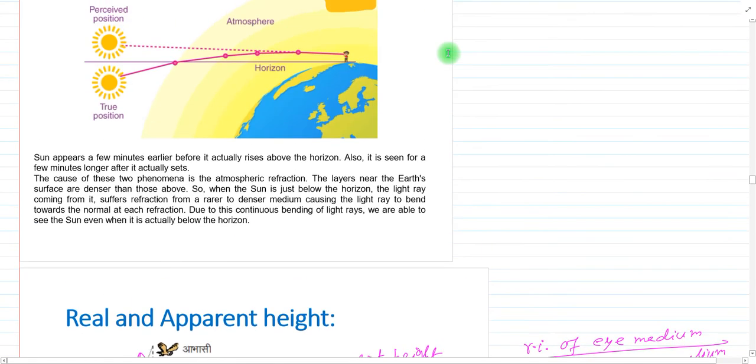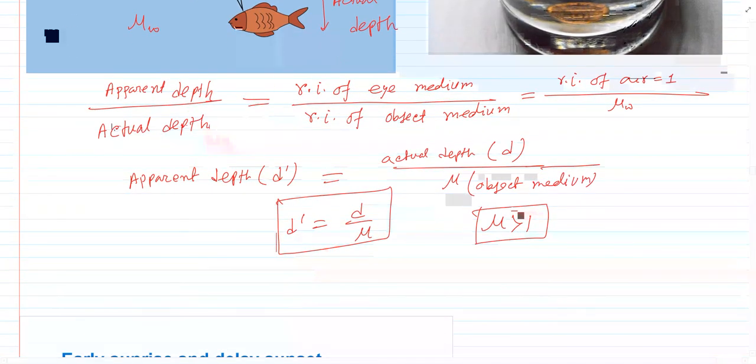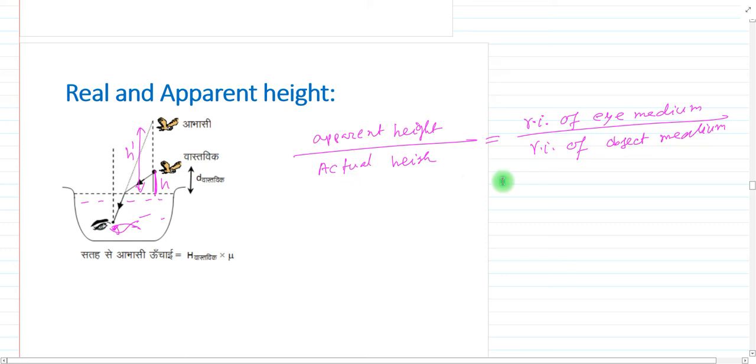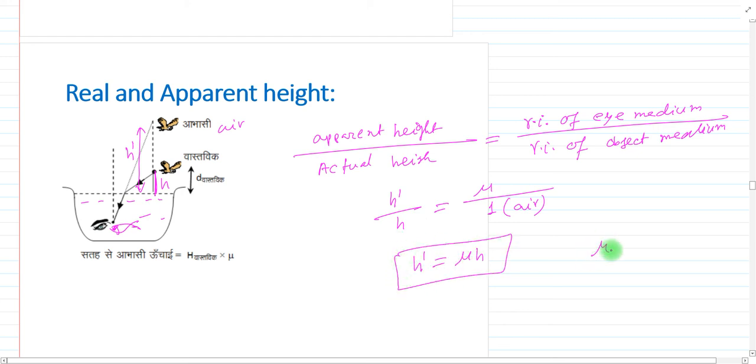Like in depth, apparent by actual, eye by object. Same thing here also. So apparent height h dash by actual height h equals the refractive index of the eye medium, mu, and suppose the object is in air, then the air medium you can say 1. So h dash will be mu h. So here as mu is greater than 1, h dash is greater than h.